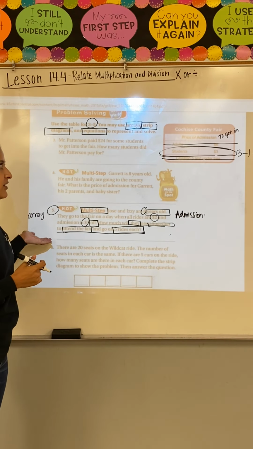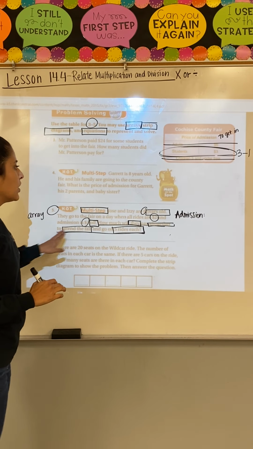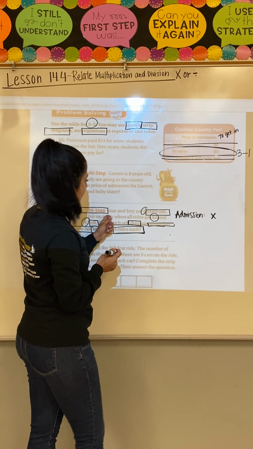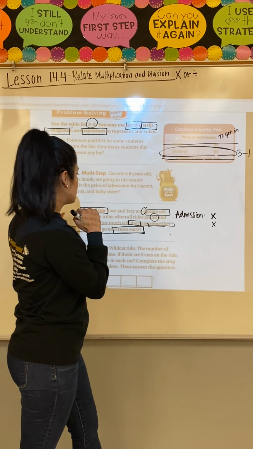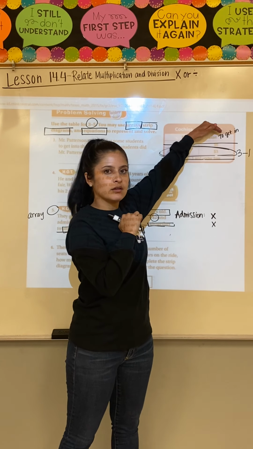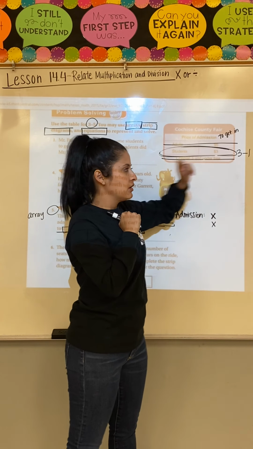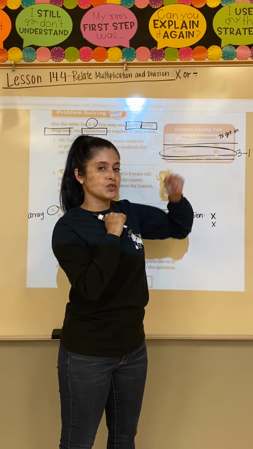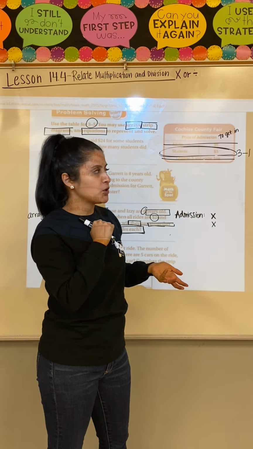Admission to get in. Let's show that in an array, a set of objects in equal rows and columns. Well, I know that there's Jose, right? I know that there's Izzy. Now, how much does it cost for them to get in? Well, we found that it was $2. Well, is it $2 for both of them combined or $2 for each person to get in? It's $2 for each person to get in.